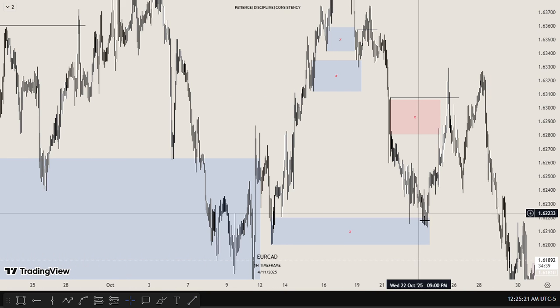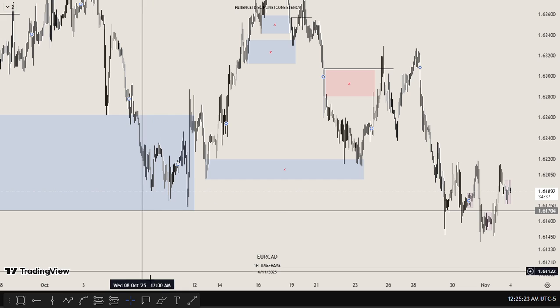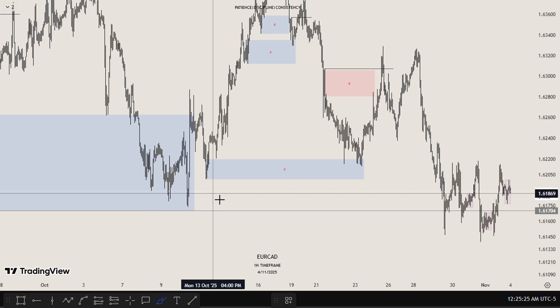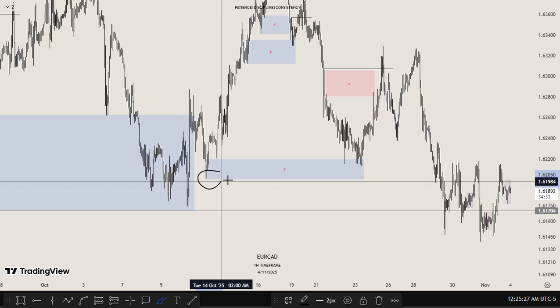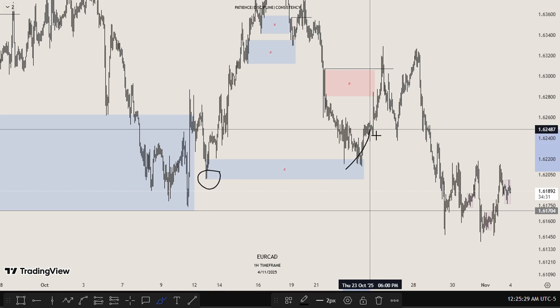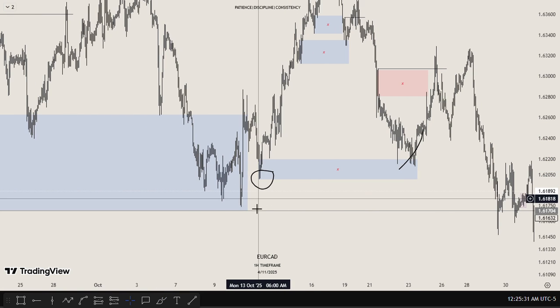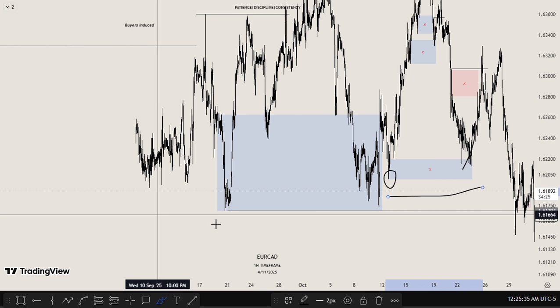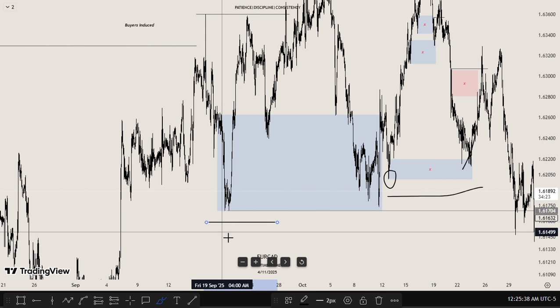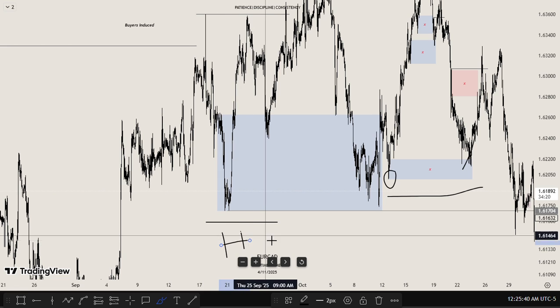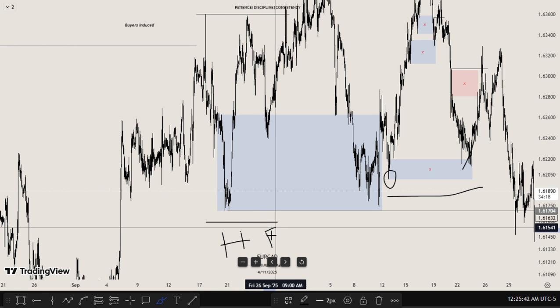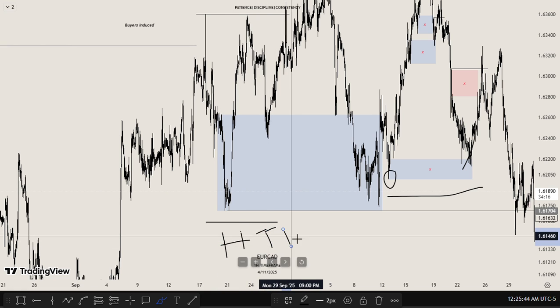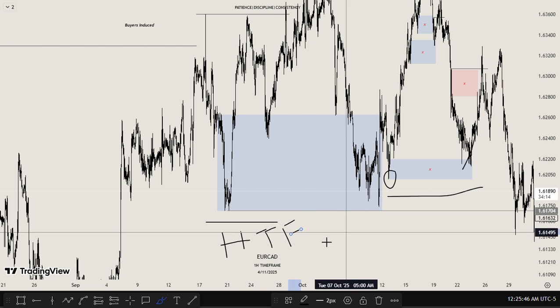And we know that down here we have buyers that were induced from this level up. So our liquidity is resting below this low, and also below this low in the higher time frame, which is the daily.